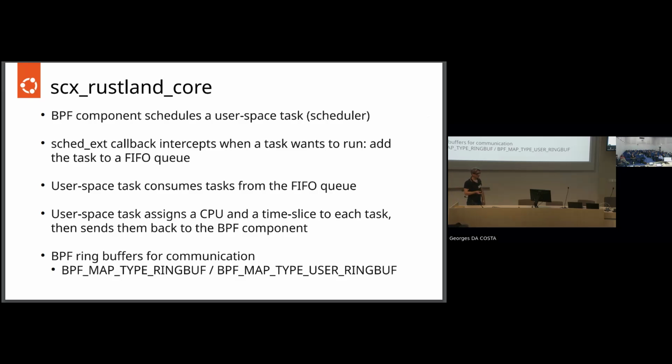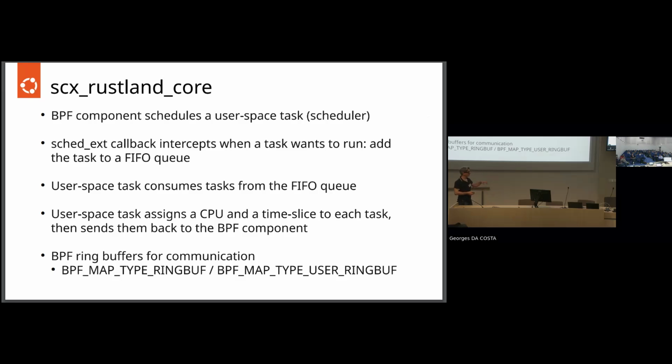Initially, I was using the BPF map type queue that was relying on the BPF syscall. And the system had a consistent overhead, because every enqueue or dispatch event was actually calling a BPF syscall. That was a huge overhead. But even in that case, it was still usable.